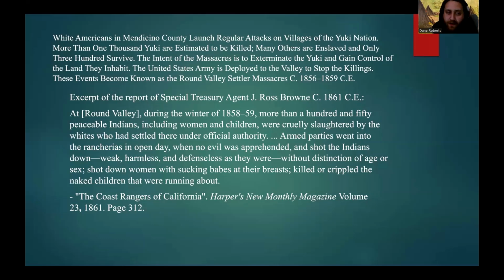Armed parties went into the rancherias in open day when no evil was apprehended and shot the Indians down, weak, harmless, and defenseless as they were, without distinction of age or sex, shot down the women with sucking babes at their breast, killed or crippled the naked children that were running about.